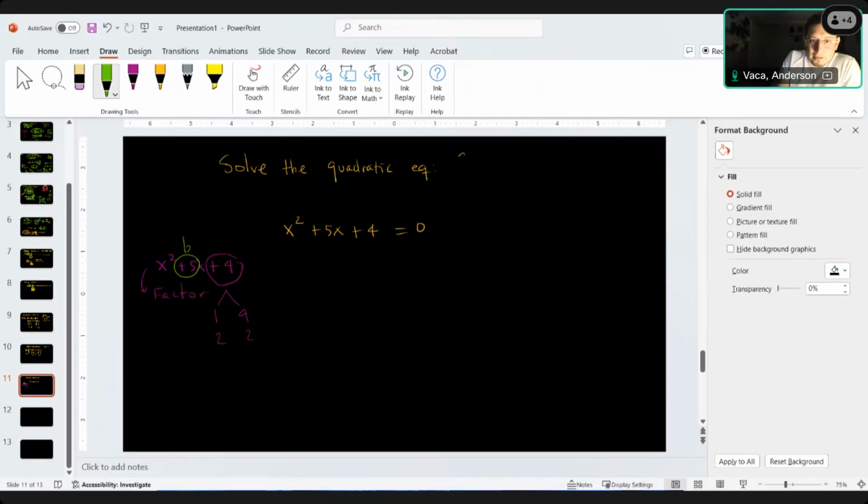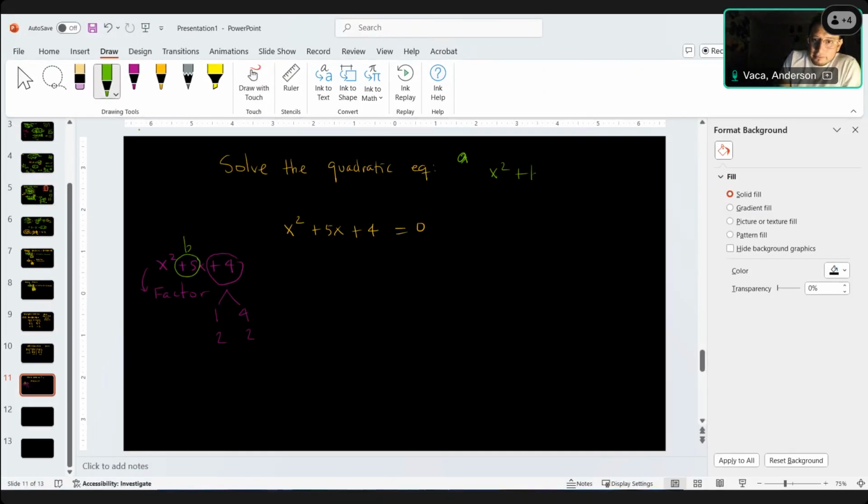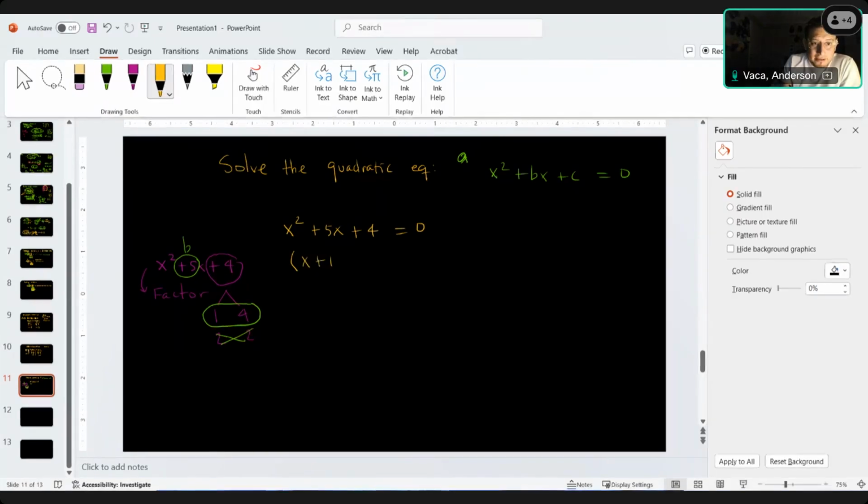So I'm just going to write: we're looking at x squared plus bx plus c is equal to 0. So how do we get a 5? Hopefully you are able to identify this relatively quickly, that it must be 1 and 4, because 2 and 2 is just not going to work out. So therefore, in factor form, this is (x + 1)(x + 4) = 0.